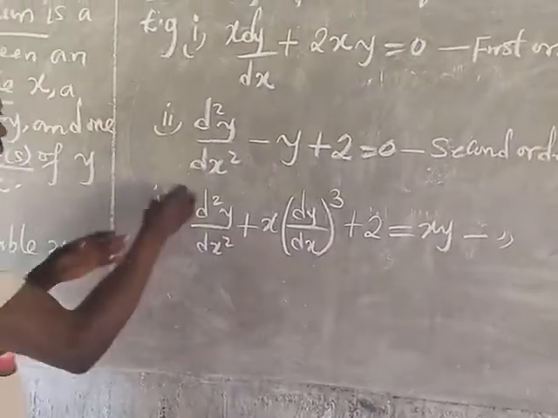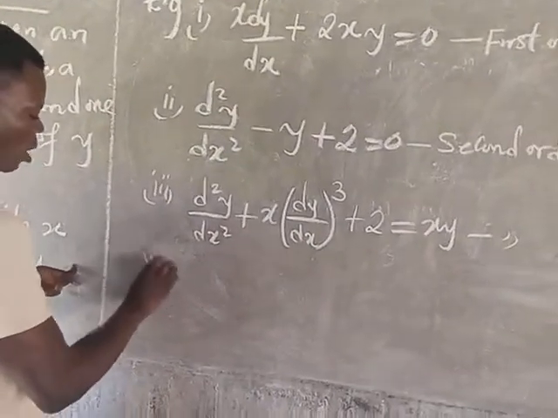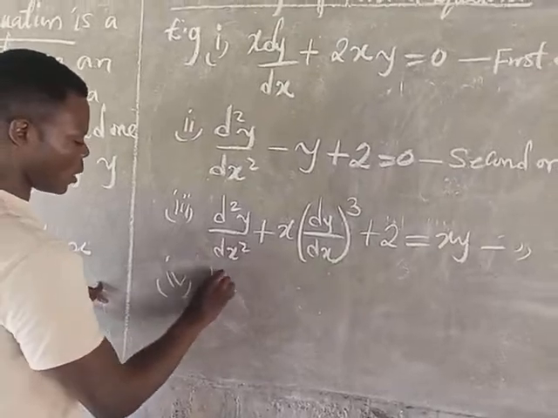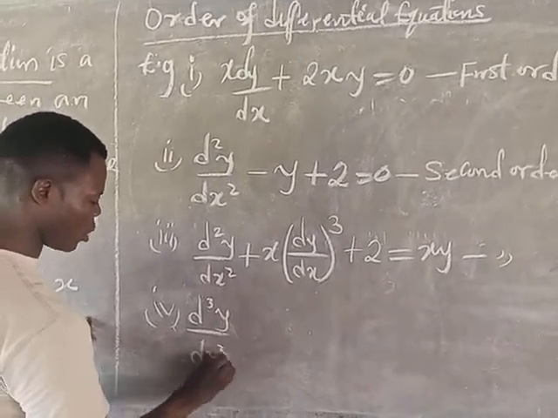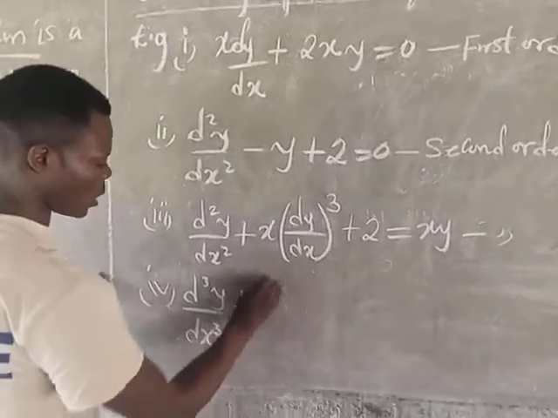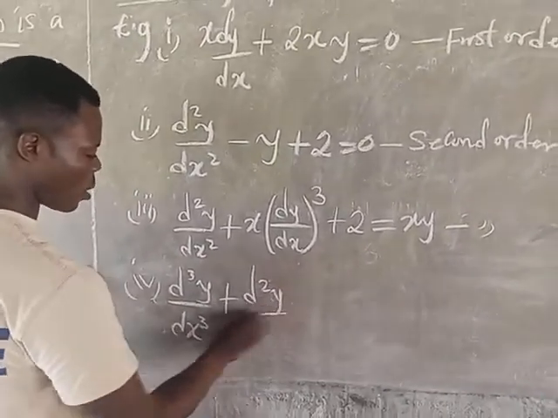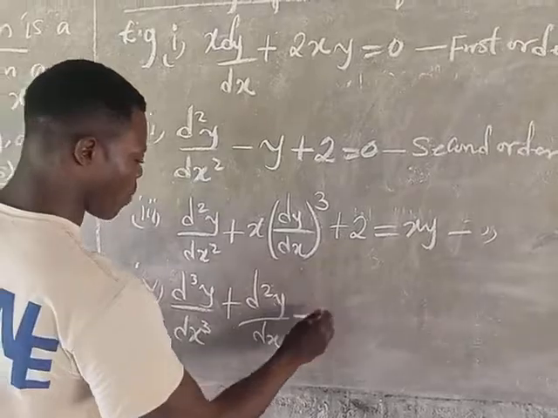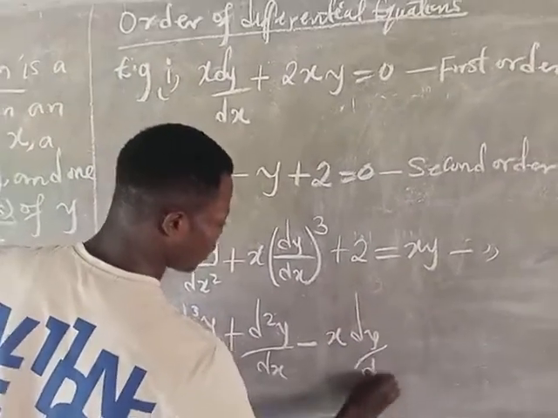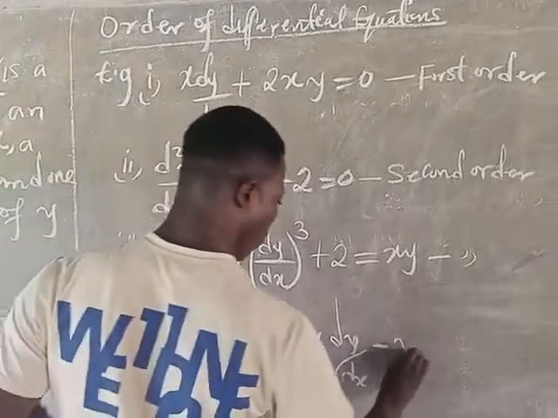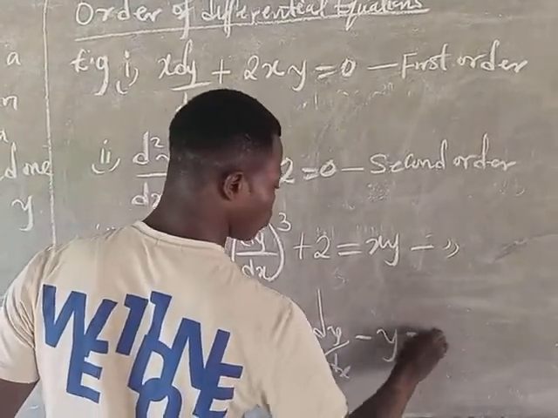So if you continue like that, let's say you have another one like d³y/dx³ plus d²y/dx² minus x dy/dx plus y equal to 0.